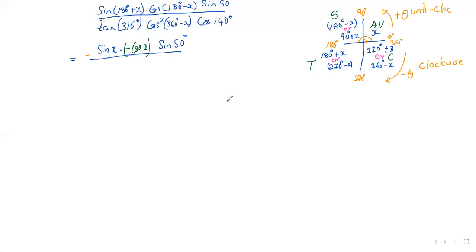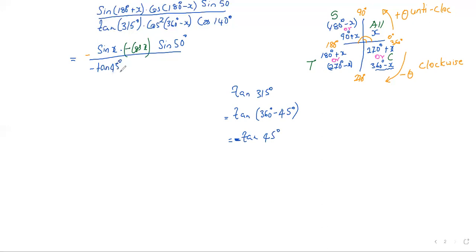The tangent of 315 degrees can be written as the tangent of 360 minus 45 degrees. 360 minus theta is in the fourth quadrant, where tangent is negative, so therefore this is going to be negative the tangent of 45.